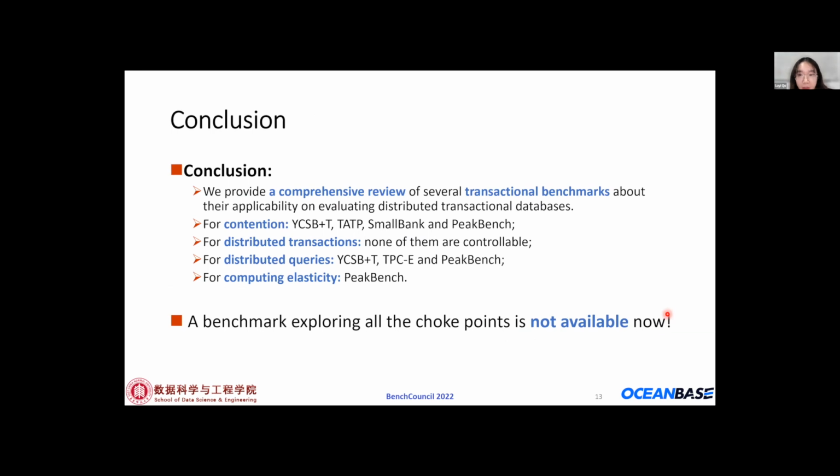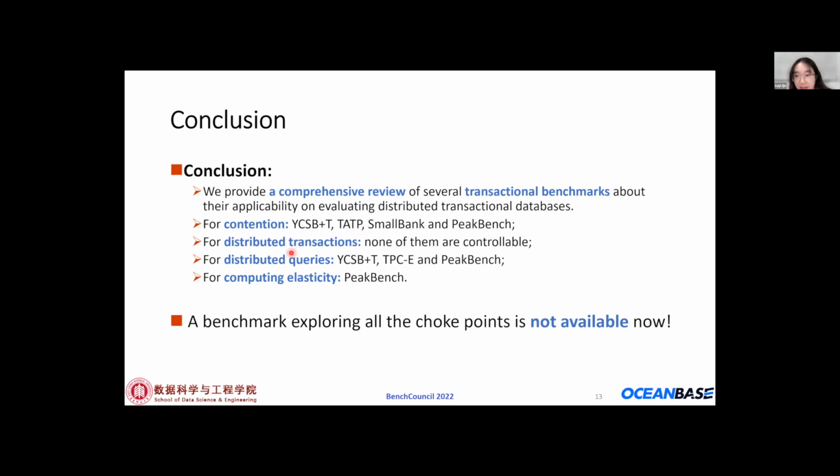In this paper, we provide a comprehensive review of several transactional benchmarks regarding their applicability to evaluating distributed transactional databases, and we can reach the following conclusions. For contention, YCSB+T, TATP, SmallBank, and T-bench are good choices.